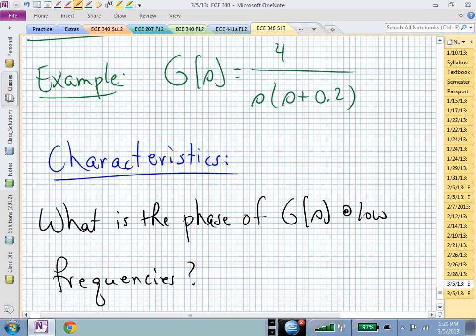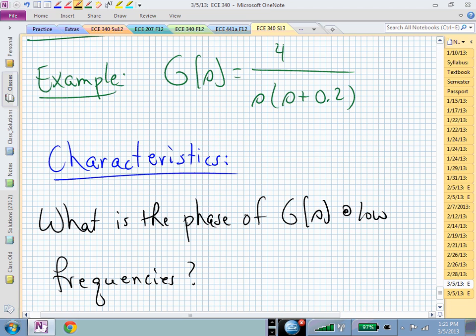The interviewer is giving you this transfer function, and he's saying, all right, what's the phase at low frequencies? First off, you might have to tell the interviewer what you're assuming low frequencies are. What are low frequencies in this case? We have something that's happening at DC, aren't we?